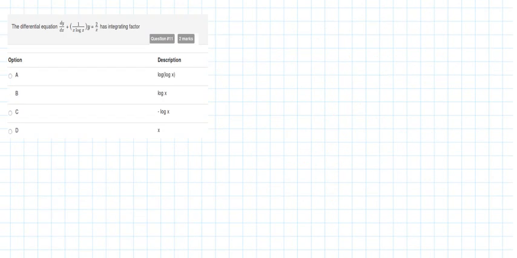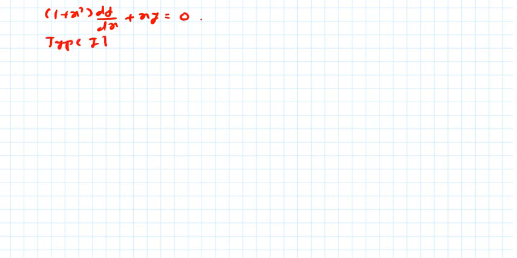We have the example (1 plus x square) dy by dx plus xy equal to 0. You can clearly see this is type 1, like this: dy by dx plus p into y equal to q, where p and q are functions of x.